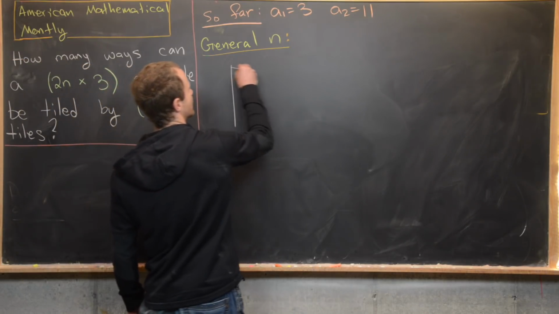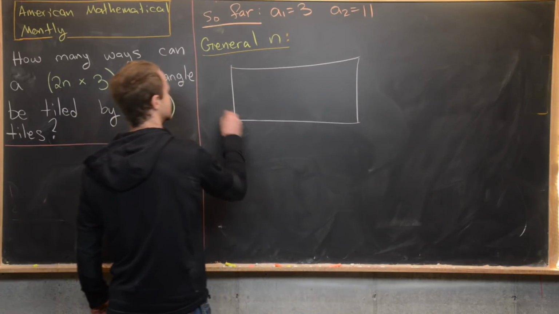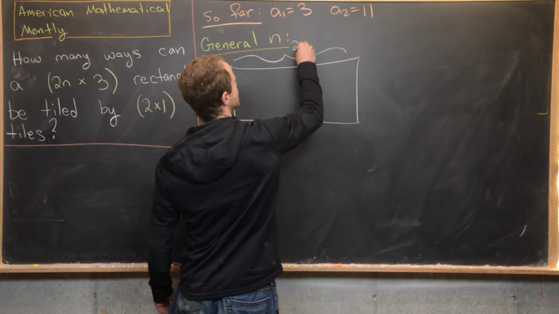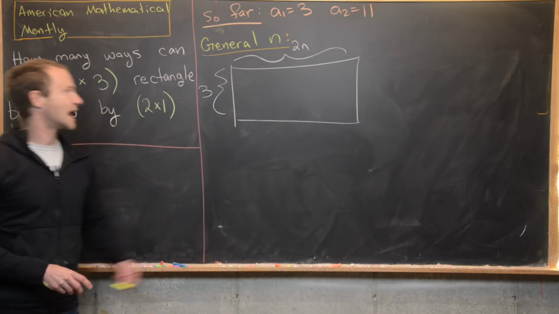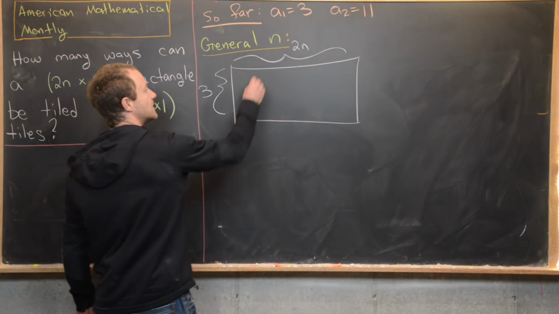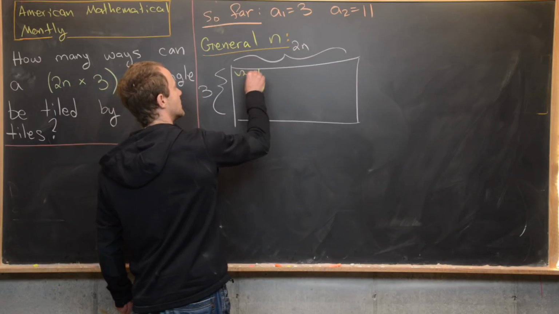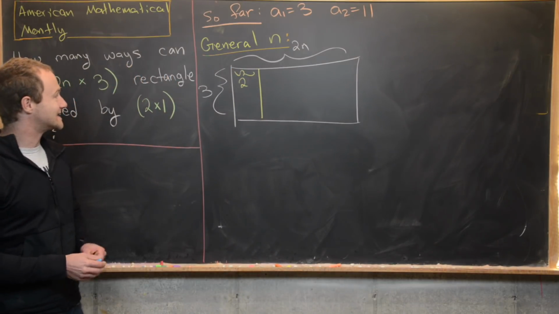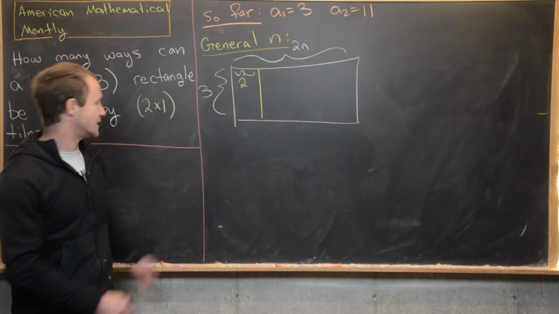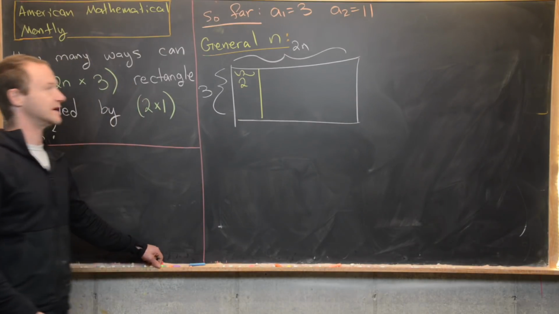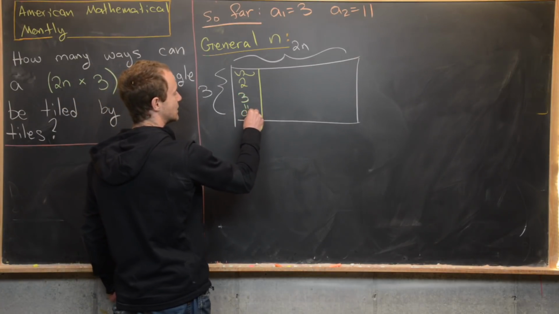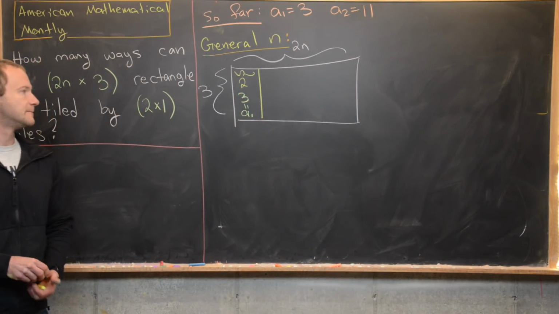So I'll start off with a rectangle like this. So this is going to have a height of 3, and then it'll have a width of 2n. Notice that I can cut off a 2 by 3 piece on the side, and we know exactly how many ways that we can tile this 2 by 3 piece, and that is 3, because that's equal to a sub 1.